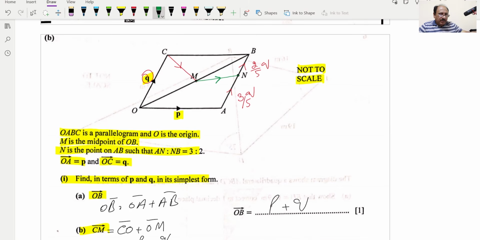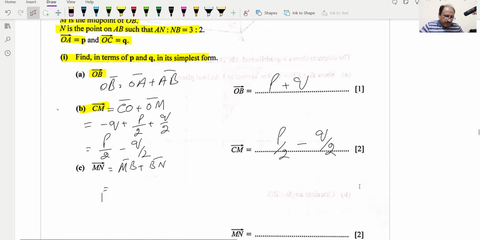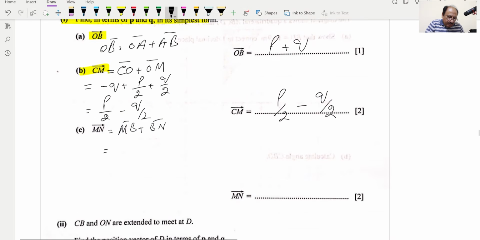So for MN we can write MN is equal to MB plus BN. MB is half of P plus Q, so P by 2 plus Q by 2.